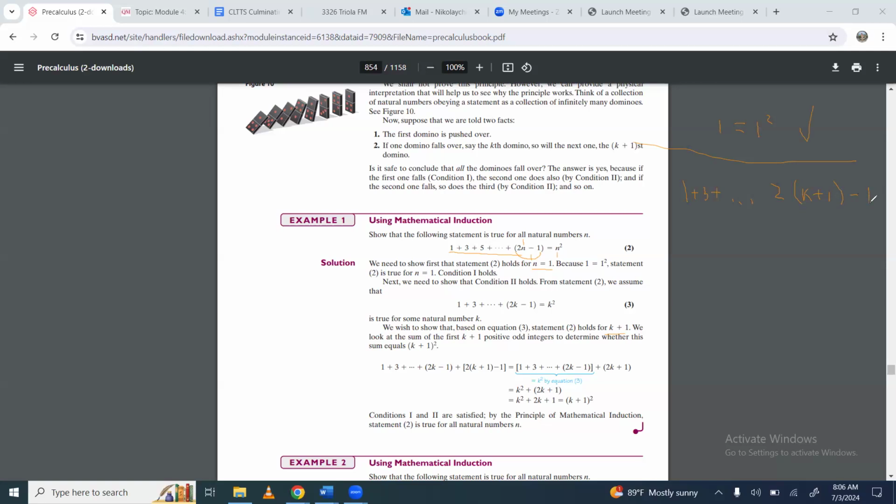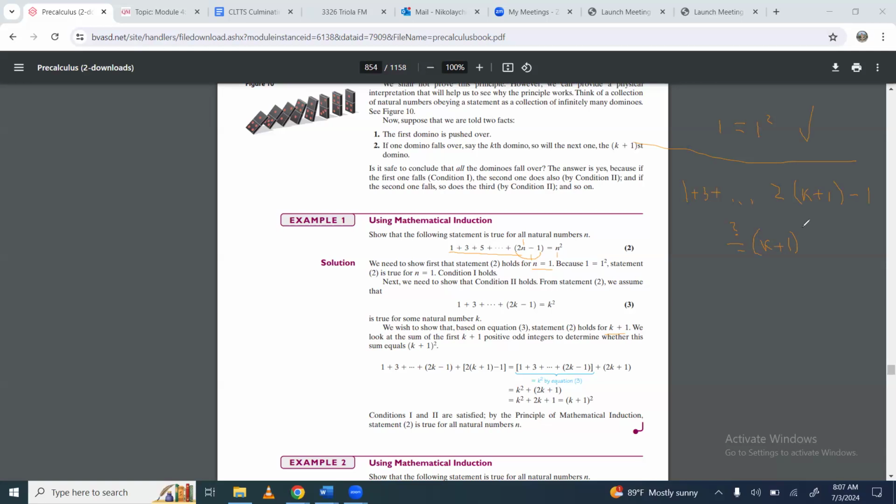And my goal will be to see if this is going to be equal to, again, instead of n, k plus 1 squared. So that's what we're trying to see if it's working. And how can I see that?